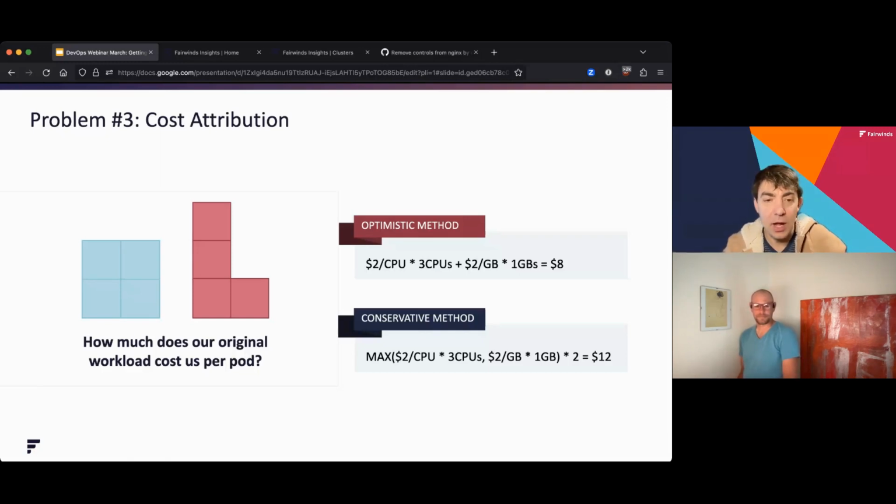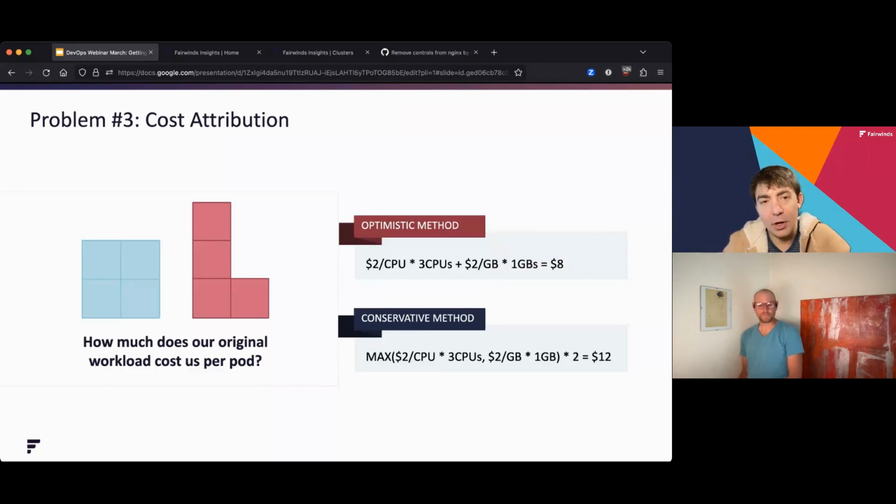We're going to say that's $2 a day of CPU and $2 a day of memory, or $1 per CPU, $1 per gig of memory. So we just divide it evenly between whatever amount of memory and CPU is in there. But it's up to you how you want to divide those node costs into CPU and memory.